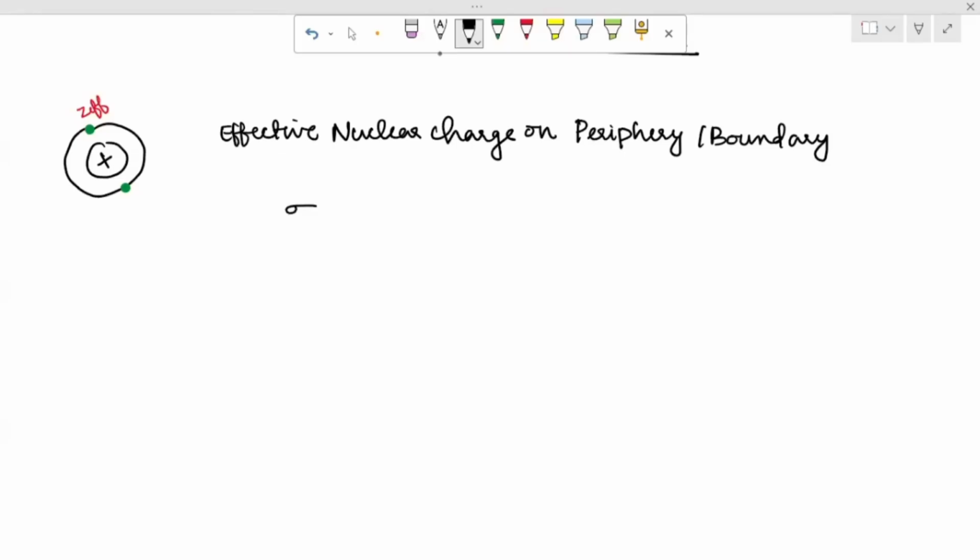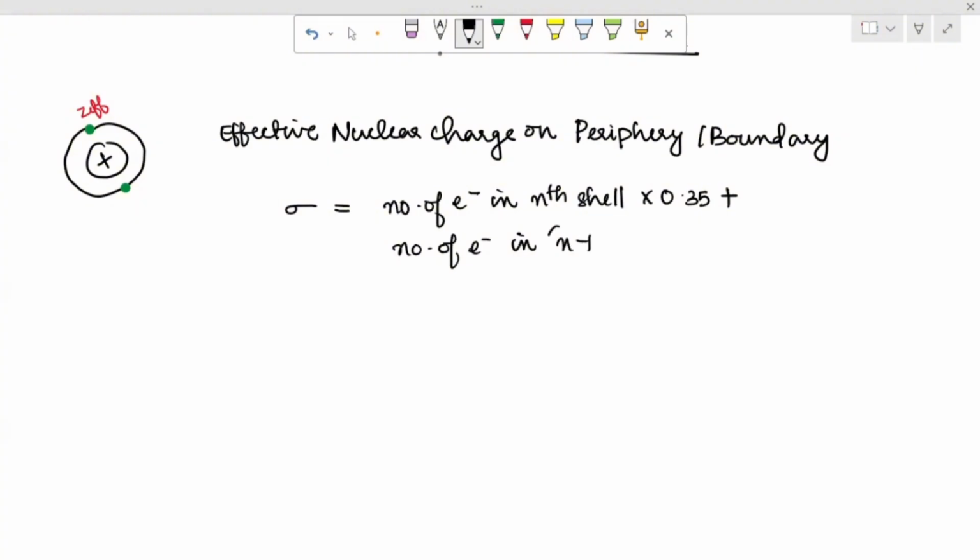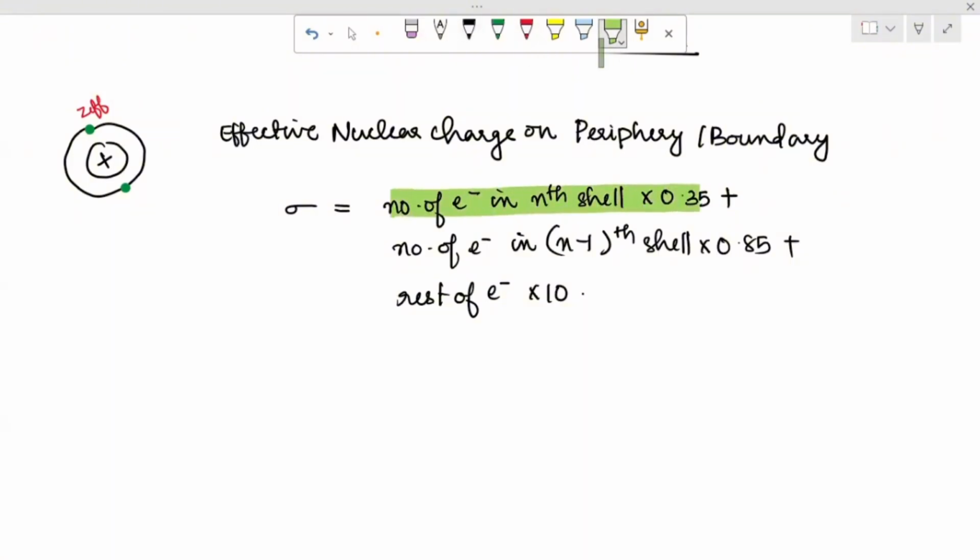It is number of electrons in nth shell into 0.35 plus number of electrons in n minus 1th shell into 0.85 plus rest of the electrons into 1. That's it. The only difference is over here. Number of electrons in nth shell into 0.35, minus 1 is not there. That's all.